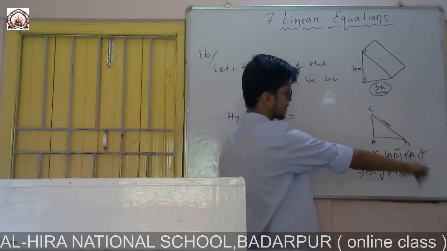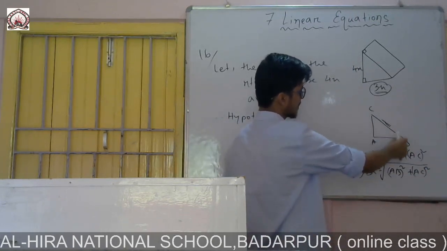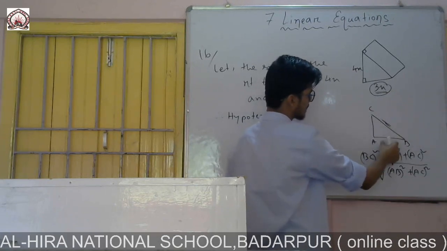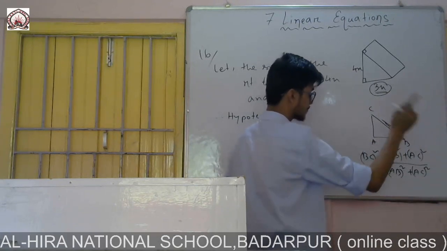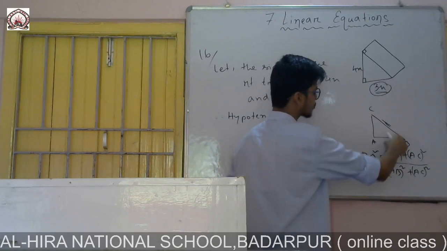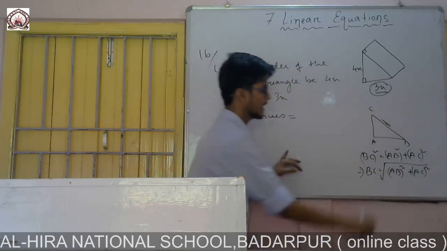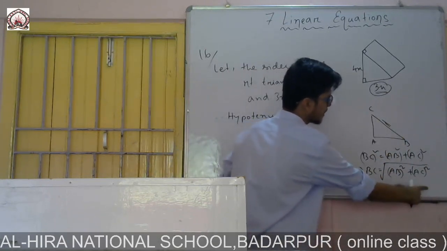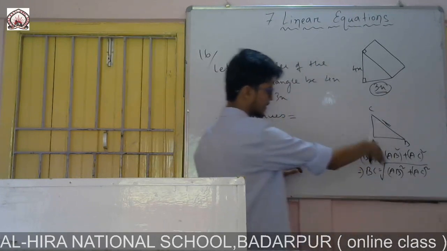That means BC equals the root of AB square plus AC square. In a right triangle, the hypotenuse square is equal to the sum of the squares of the other two sides, and if I remove the square sign, I have to put a root on the other side.